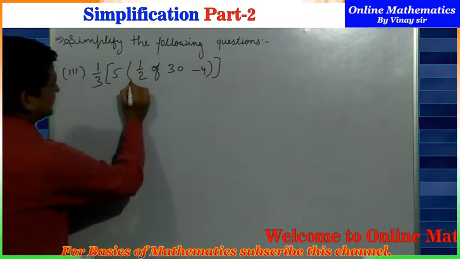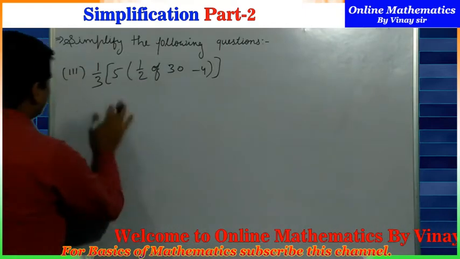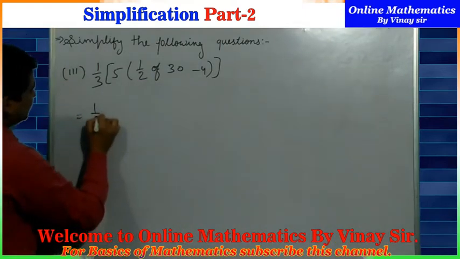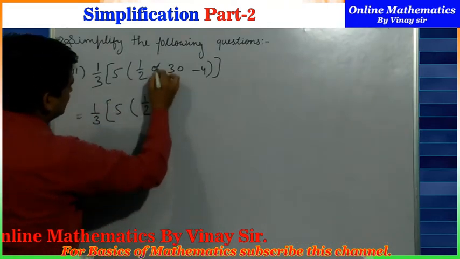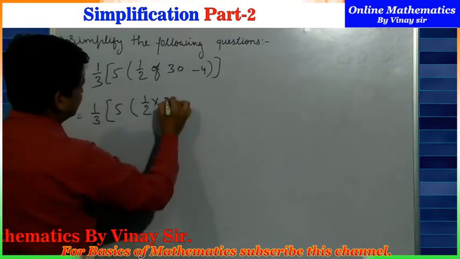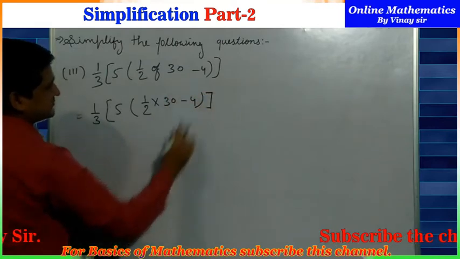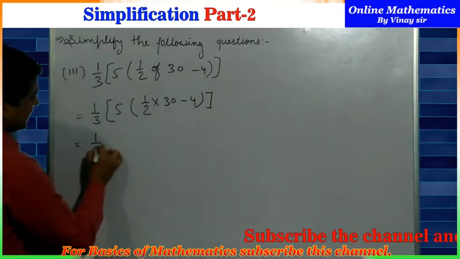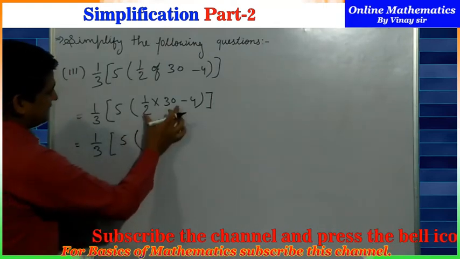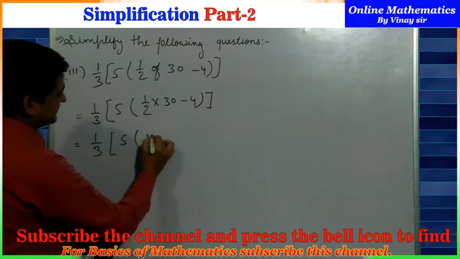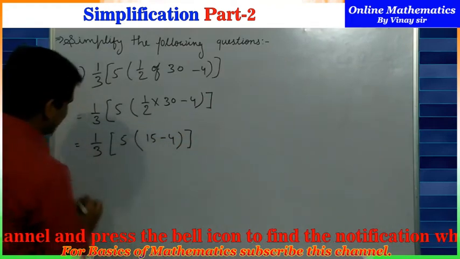First of all, we have to solve this small bracket, and to solve it we have to solve the 'of' first. 1 upon 2 of will be converted into multiplication, 30 minus 4, small bracket over and large bracket over. Next step, 1 upon 3 bracket 5, and multiplying these two numbers we get 15 minus 4, small bracket over, large bracket over.